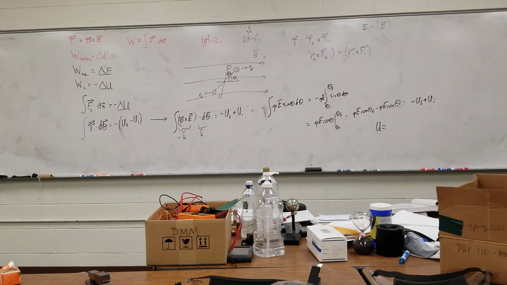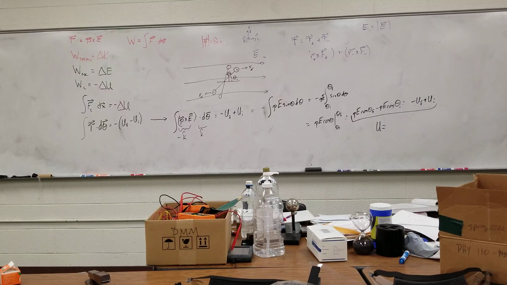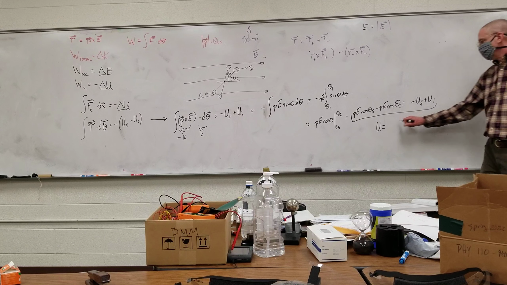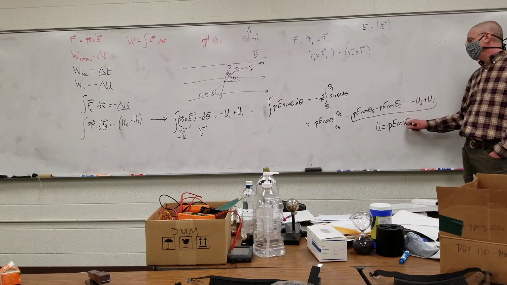Therefore, what is a formula for the potential energy of an electric dipole in an electric field that would make this work? Just pE cosine theta. So if U is equal to pE cosine theta, we will be close, but not quite.